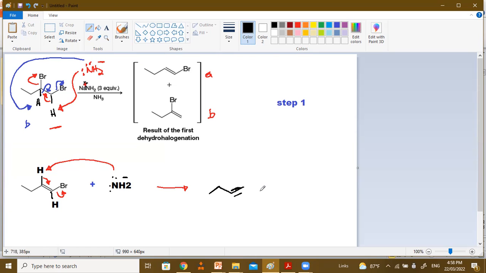You have your hydrogen, plus your Br. Your Br, of course, has electron pairs. 6 for Br, so 2, 4, 6, and then you have 8 and a negative charge.